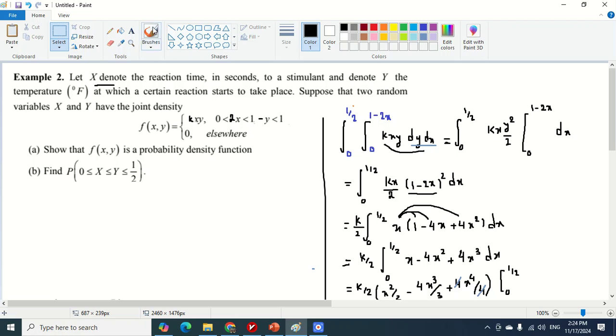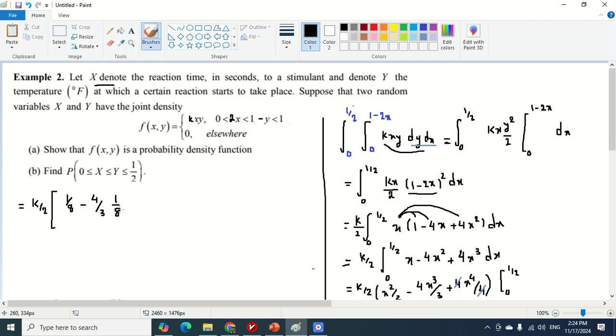So if I replace that value over there, then we have k over 2, and again let us put the value of half instead of x. Then we have half squared, which is 1 over 4, divided by 2, so it will be 1 over 8, minus 4 over 3 times half cubed, which is 1 over 8.